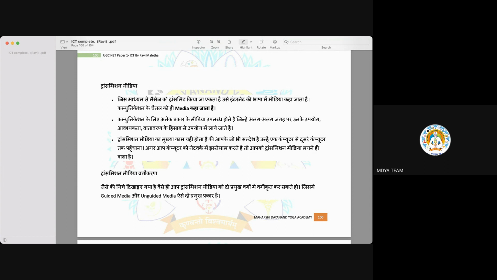So that is the transmission media, the cables or the medium through which the data is transmitted. Yes, they are the channels through which the signals or data is transferred from source to the destination.